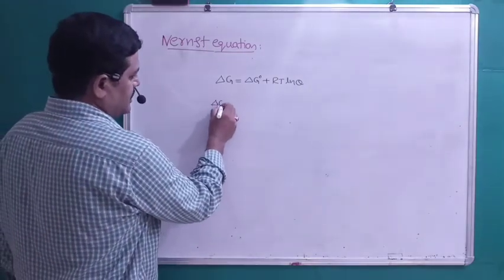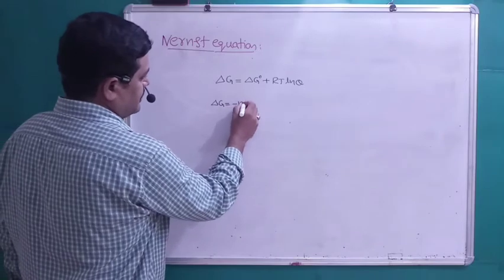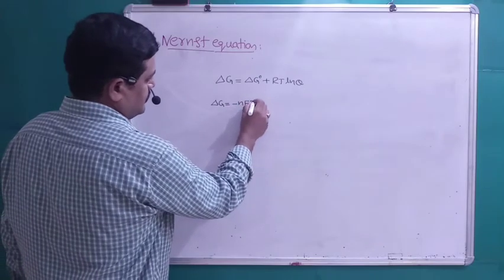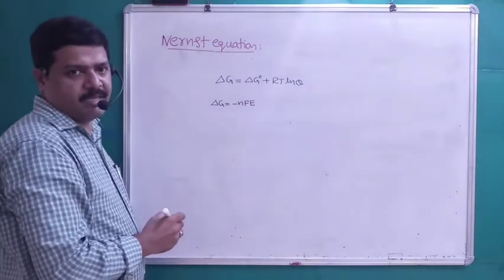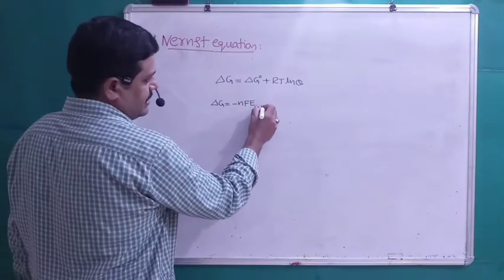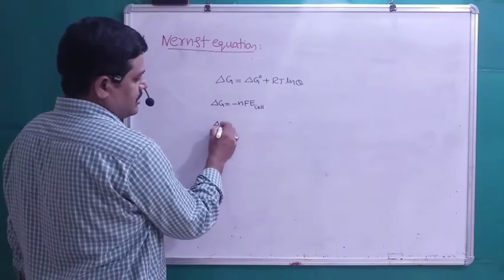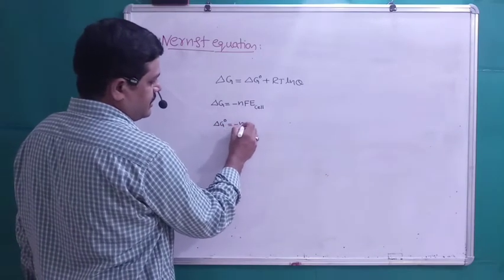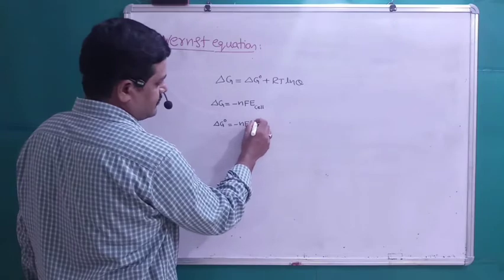So delta G is equal to minus nFE, where E indicates E cell, and delta G naught is equal to minus nF E naught cell.